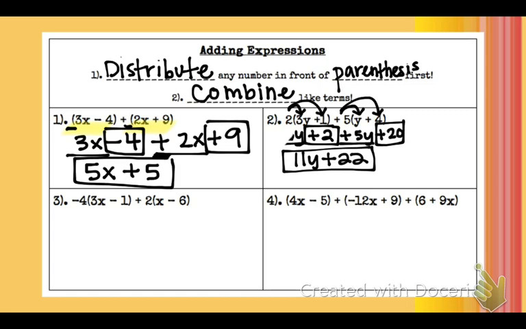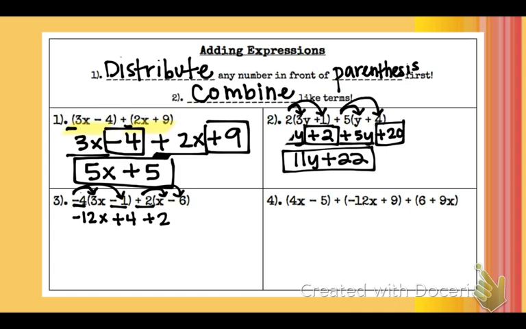Okay. All right, let's try number 3. This one's going to step it up. We have to distribute a negative. So that gives me negative 12x. And negative times negative 1 does give me positive 4. Now I'm going to distribute a positive 2 to x and to negative 6x.